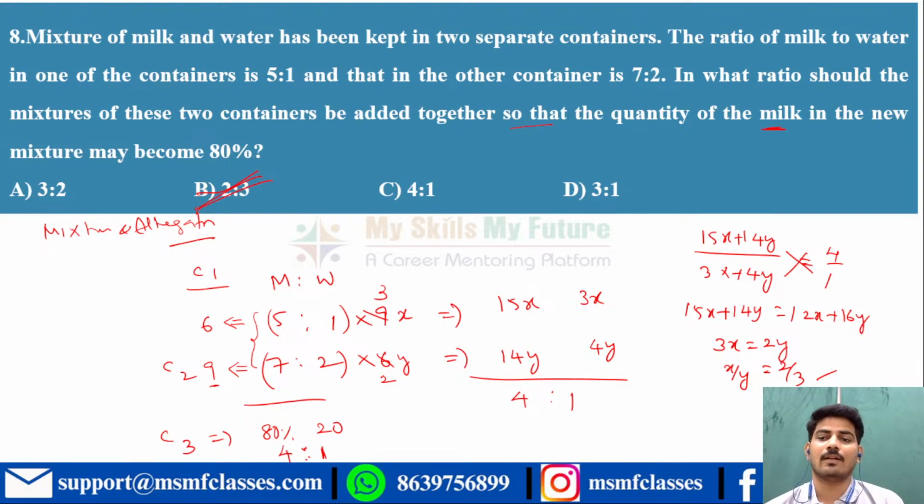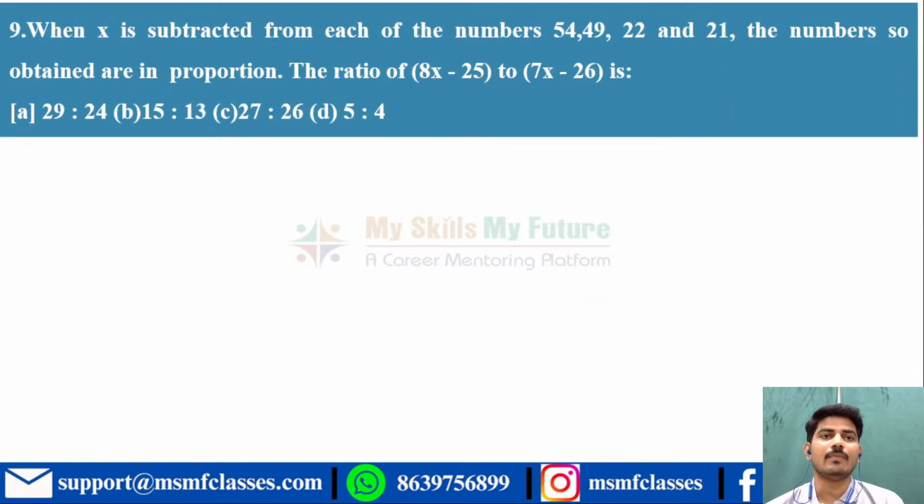Let us go for the next problem here. Okay, this was the next question. When x is subtracted from each of the numbers 54, 49, 22 and 21, the numbers so obtained are in proportion. What is the ratio of 8x minus 25 to 7x minus 26?